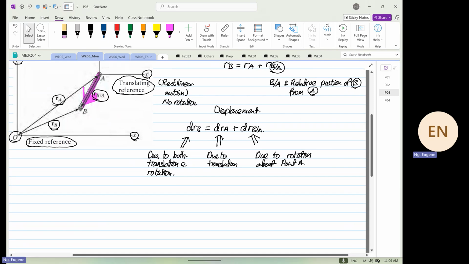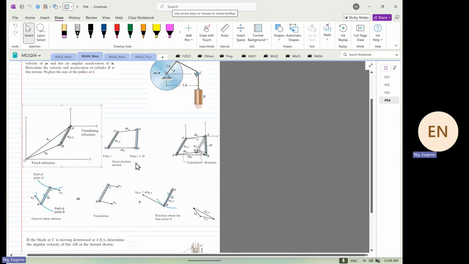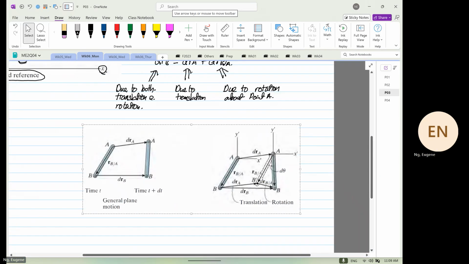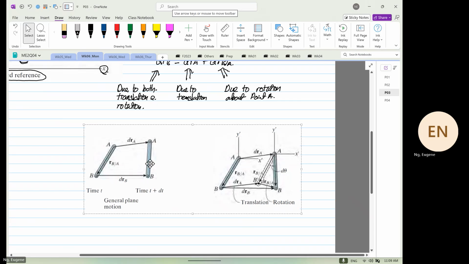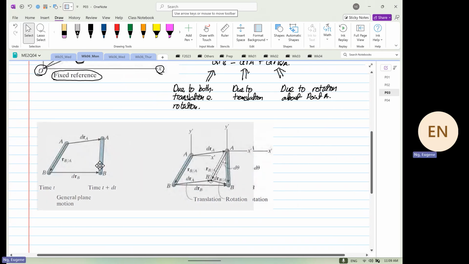So if you were to leave the diagram, can you all leave this diagram? This is exactly what we have written.